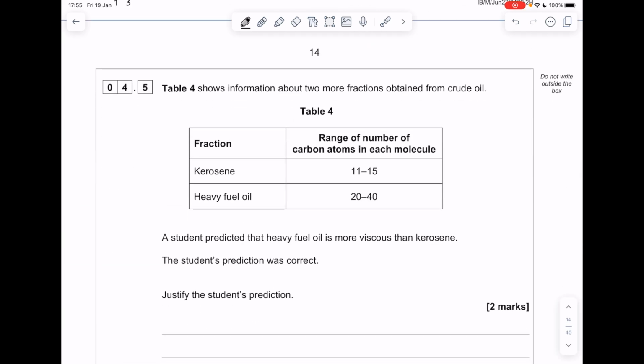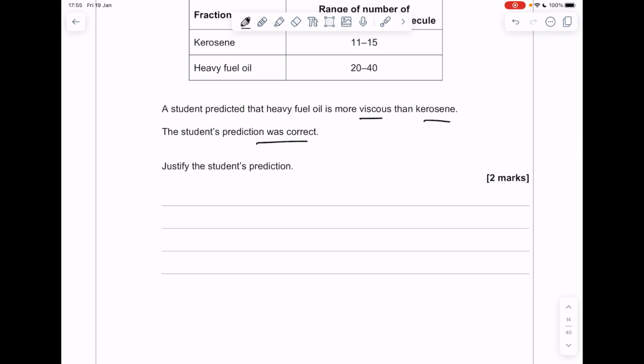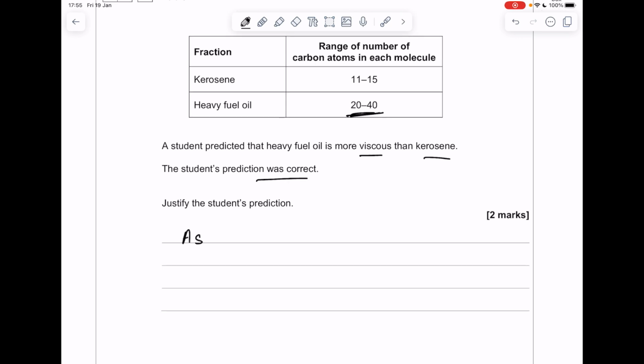Table 4 shows some information about 2 more fractions obtained from crude oil. A student predicted that heavy fuel oil is more viscous than kerosene. I'd expect that. Yeah, cool. The student's prediction was correct. Justify the student's prediction. It's because it's got a longer chain of carbon atoms, which means it's going to be thicker, which means, again, more viscous.